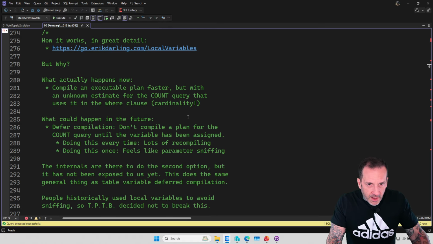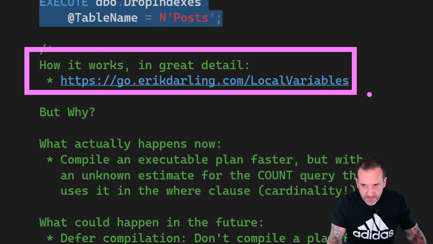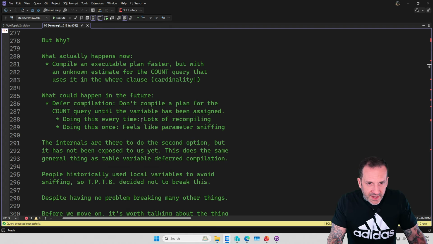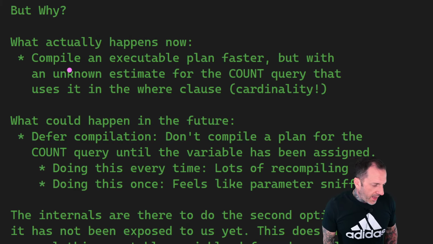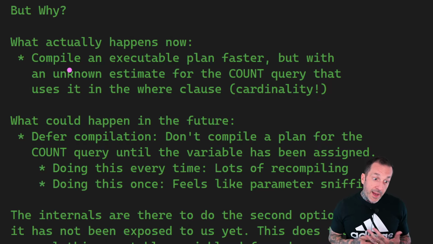some other stuff. If you want to read in detail about local variables, I have a post there. It's a long post, but it's a good one. So it's sort of interesting why that happens in SQL Server. Well, it used to be table variables would get sort of a similar treatment, right?